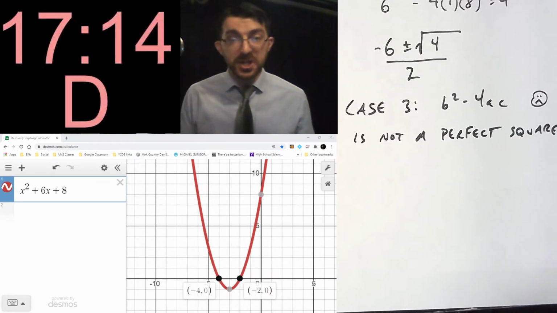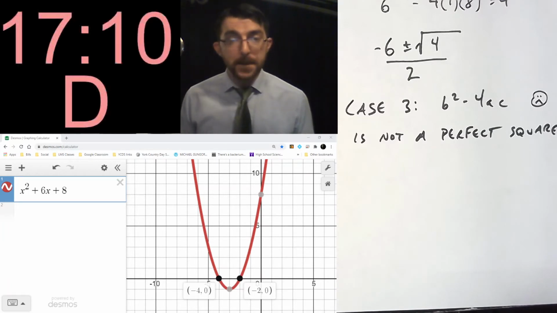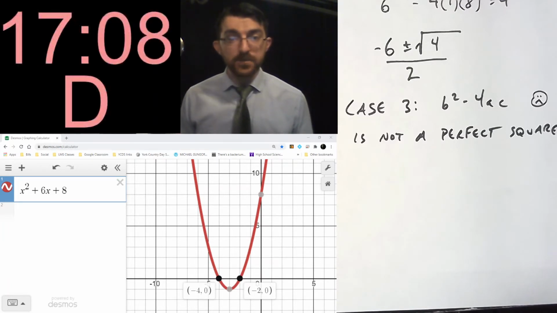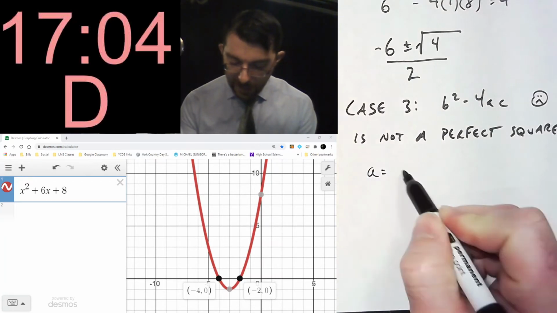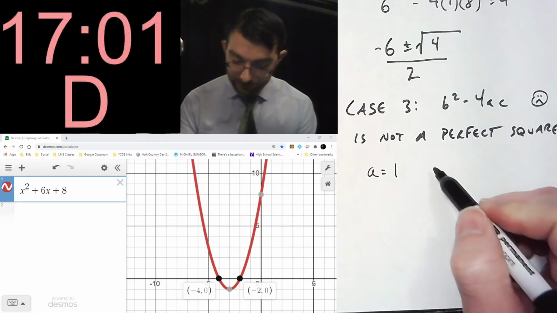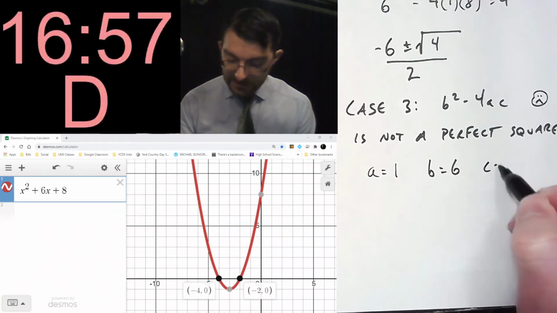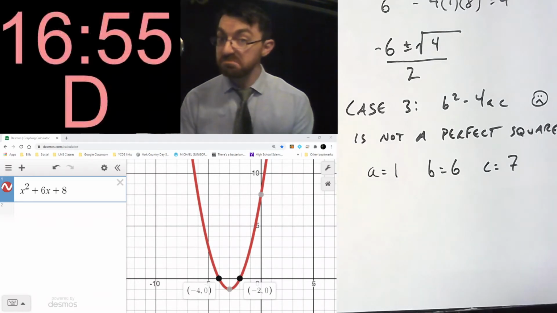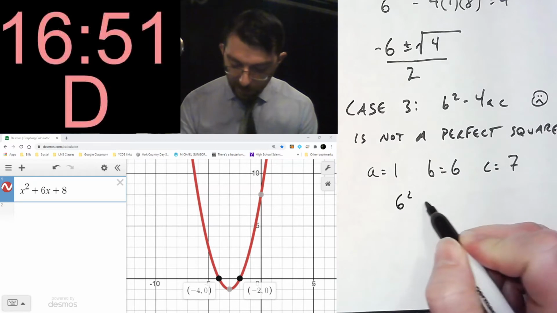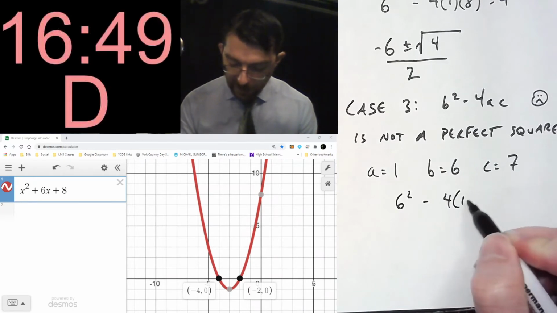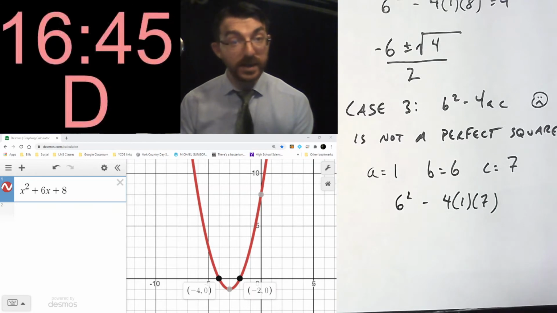So let's just change the numbers again so that b squared minus 4ac isn't a perfect square. If we were to do something like a equals 1, b equals 6, and c equals 7, then b squared would be 6 squared minus 4ac. 4 times 1 times 7 is 28.